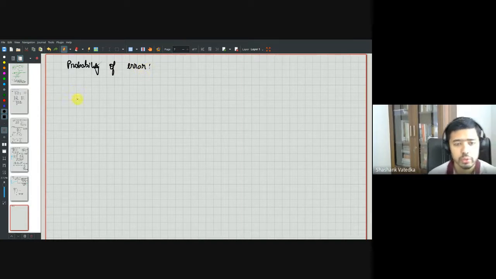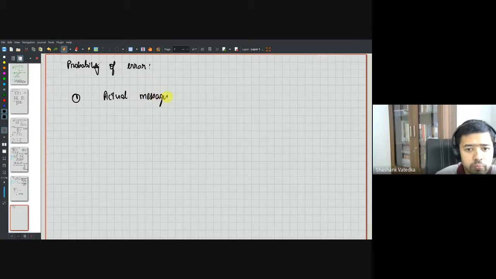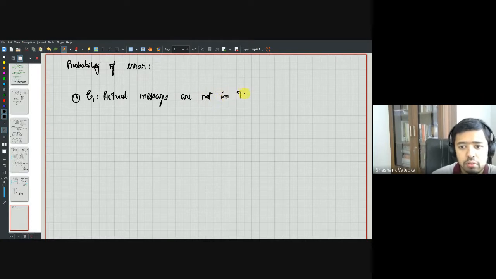All right. So what are all the sources of error? The first source of error, let's call this E1, is that the actual messages are not jointly typical, not in T epsilon n of Pxy.